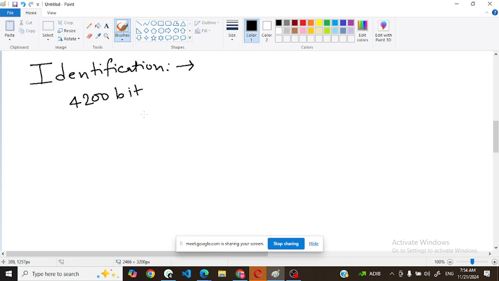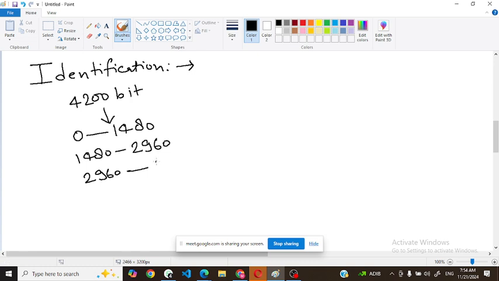So we can divide it into parts: 0 to 1480, 1480 to 2960, and 2960 to 4200.